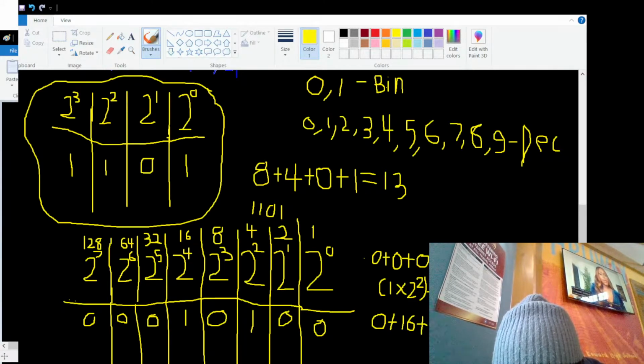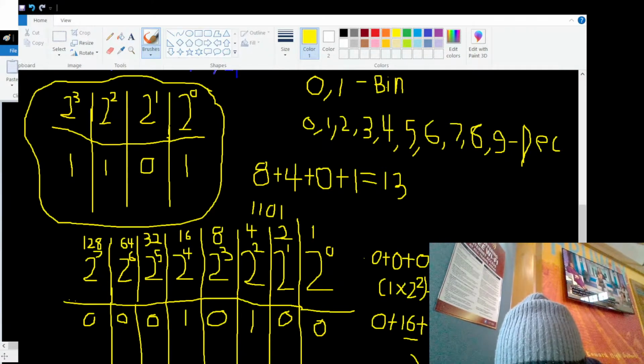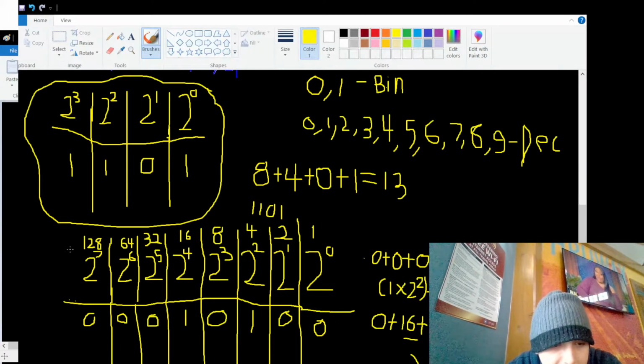And 0 times 2 to the 0 is just 0. So we have a relatively simple problem. 0 plus 16 plus 0 plus 4 plus 0 plus 0. The only real numbers we're adding up are 16 and 4. So that's 20. So now you know that 0, 0, 0, 1, 0, 1, 0, 0 is 20.